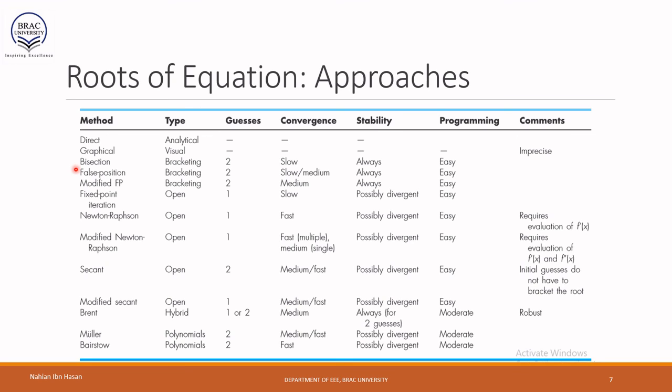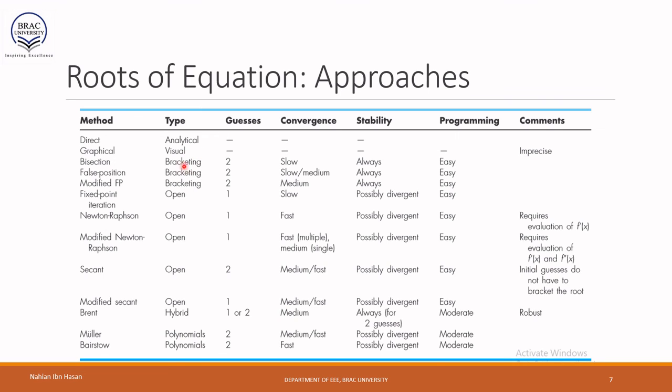We already know the difference between bracketing methods and open methods. Also, we have seen the secant method, modified secant method, and Muller's method. Although Bairstow's method is not covered in detail in this course, we are using it for our lab purpose. So all of these methods have been used and we have seen those methods in previous lessons.